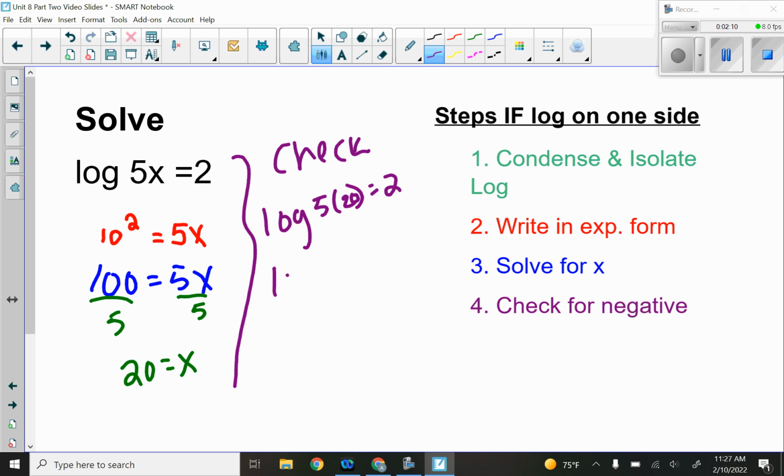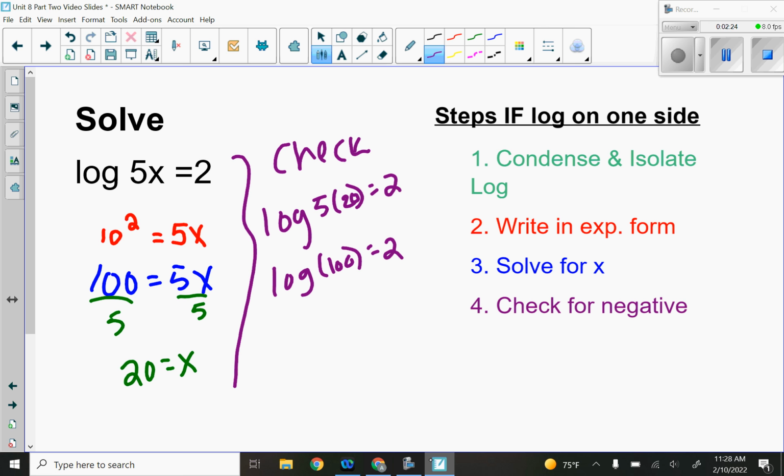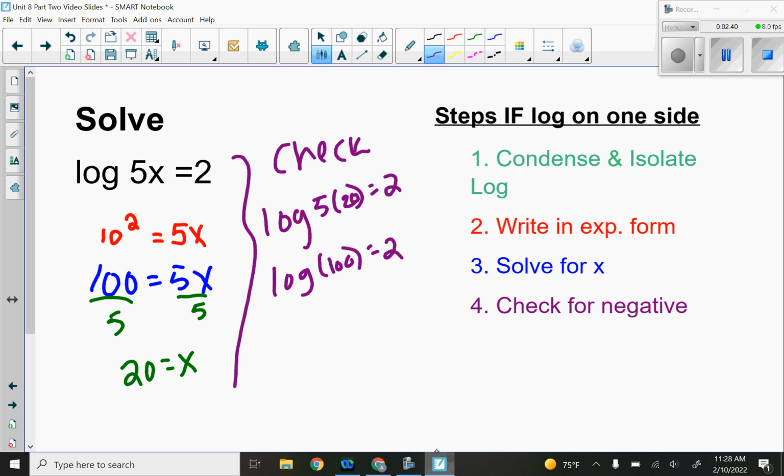So in this case, 5 times 20 is 100. 100 is not negative, so we can take the log of that. If I were to check that in my Desmos calculator, log of 100 is in fact 2. So check, we know our answer is correct.